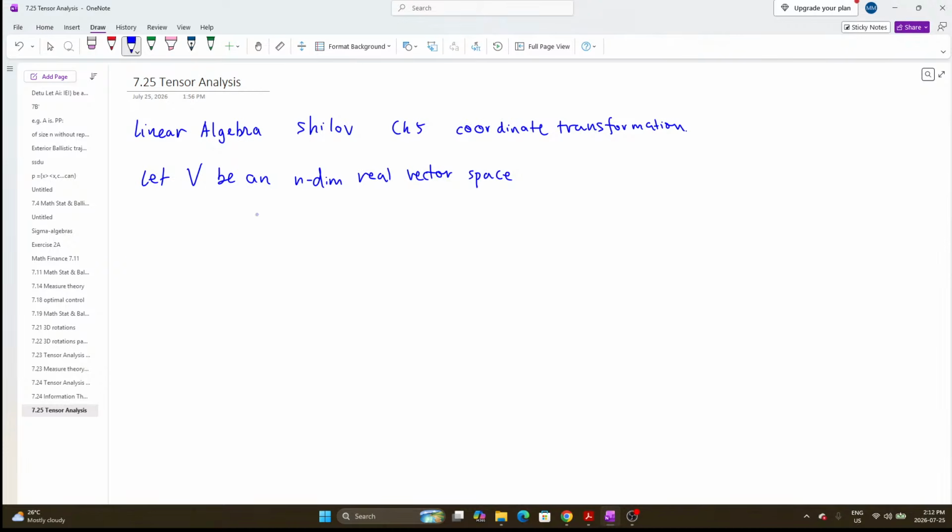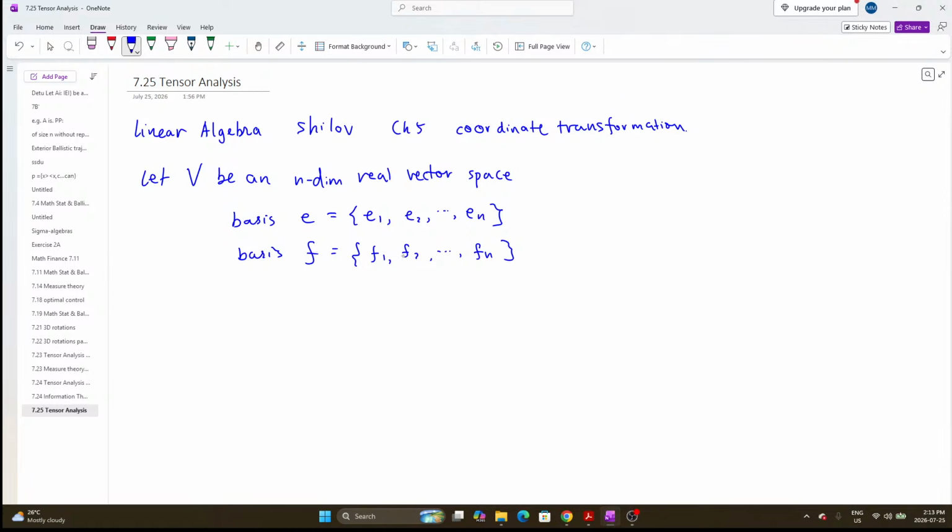So you've got two bases. Basis E consists of E1, E2, all the way to En. And you've got the second basis, which is called F: F1, F2, all the way to Fn. Same number of vectors, of course.